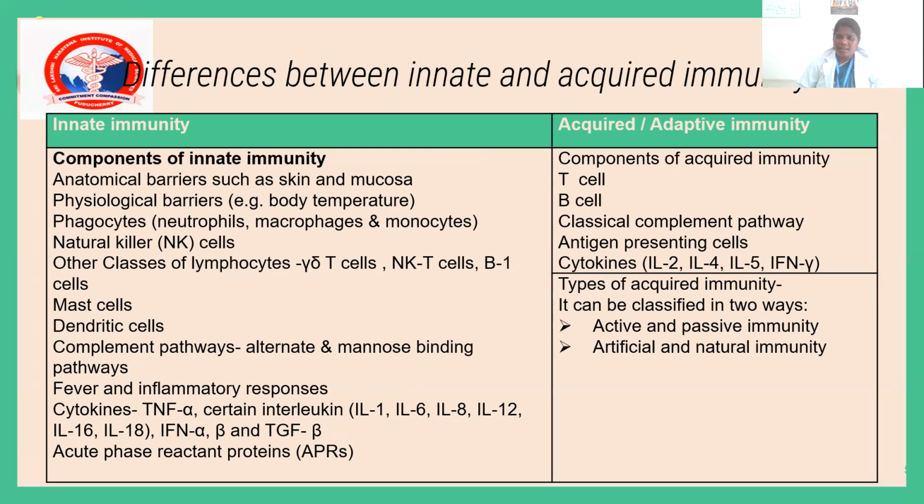These come into play immediately in innate immunity. When coming to acquired immunity, it has T cells, B cells, the classical pathway of complement, and some cytokines. This classification will be discussed later.